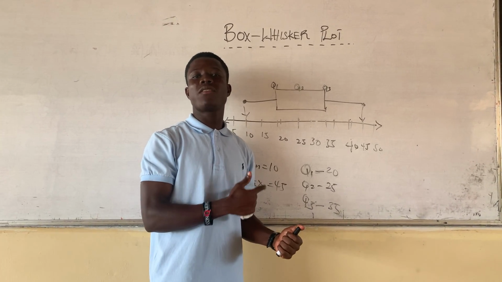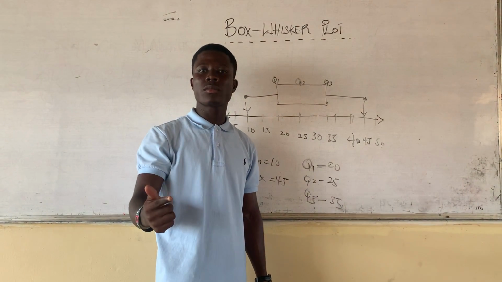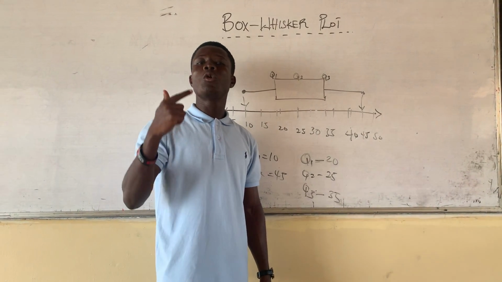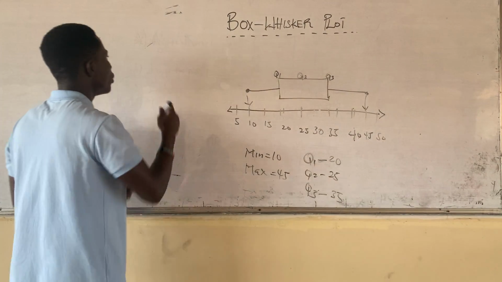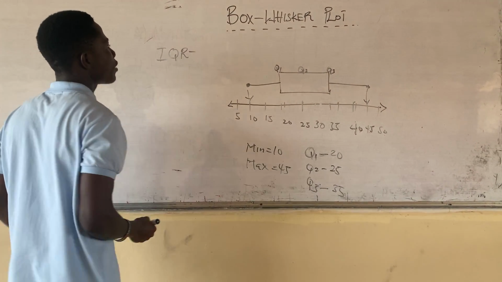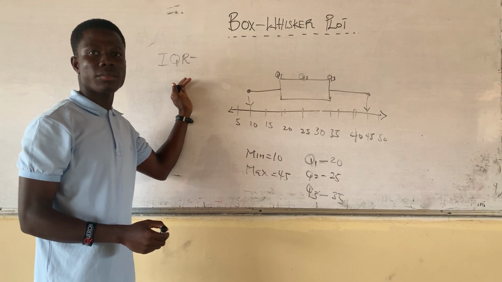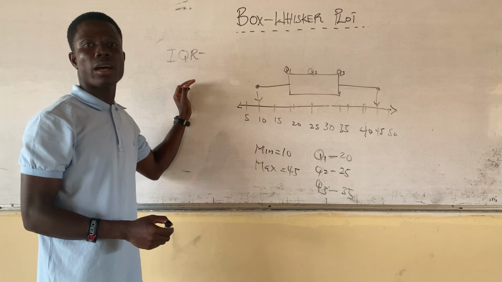Now we are moving on to the final stage of this session, which is to solve for the interquartile range. In every box and whisker plot given to us, we will be asked to find the interquartile range, that is IQR. The formula for finding the interquartile range is to find the difference between the first quartile and the third quartile.